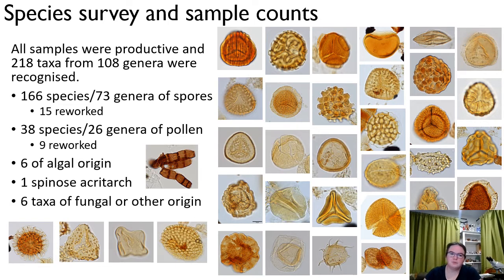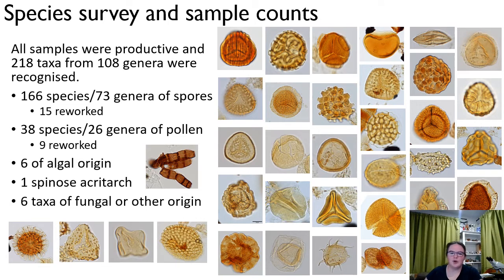The bulk of these were from spore-producing plants, but with a fair component of pollen, and then increasingly small portions of algal palynomorphs, spinous acritarchs, and fungal or uncertain affinity.